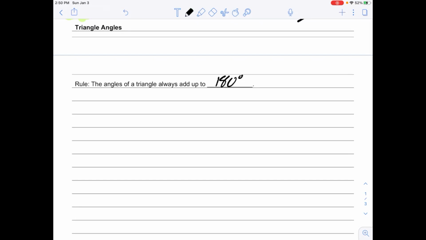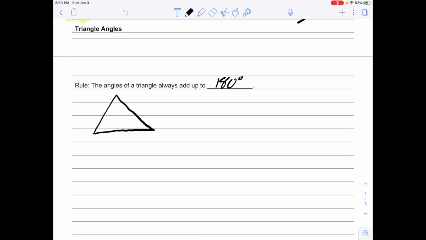So let's say we had a triangle that looked like this. I told you that this is a 26-degree angle. This is an 83-degree angle. And I left this one marked as X. Well, if I wanted to solve and figure out what X is, well, I know that 26 plus 83 plus X has to equal 180 because of my rule up here.